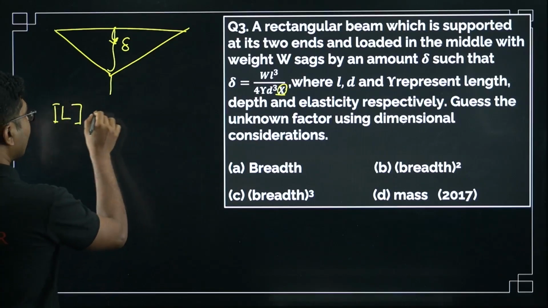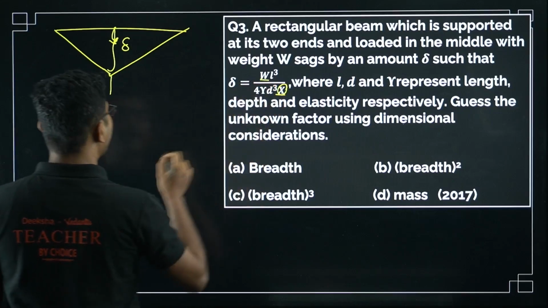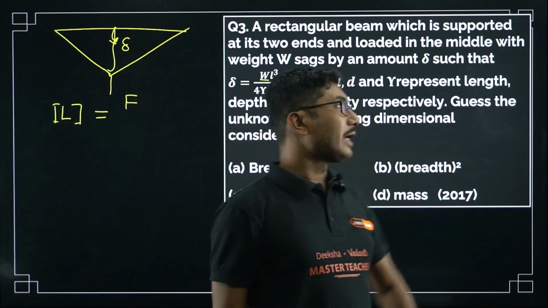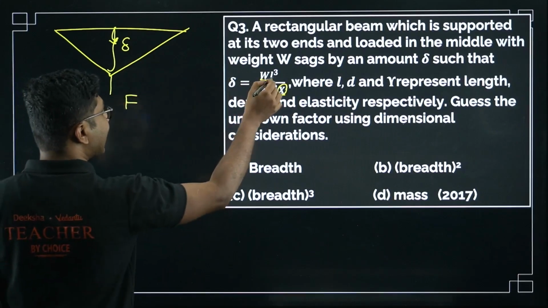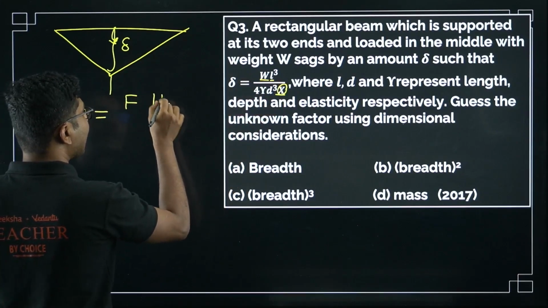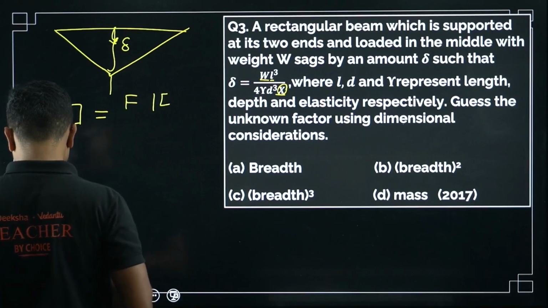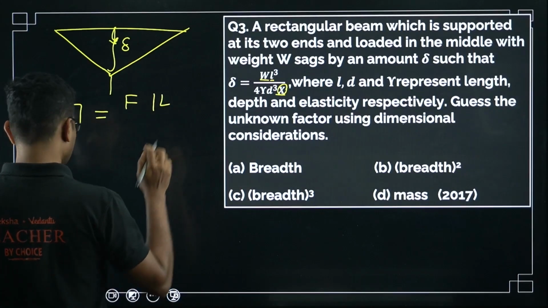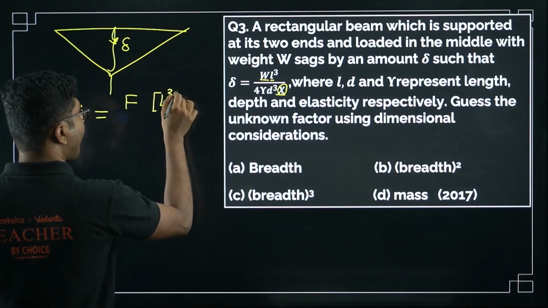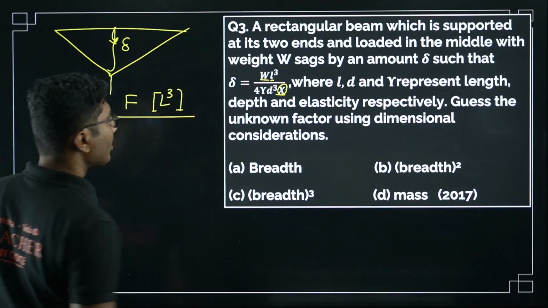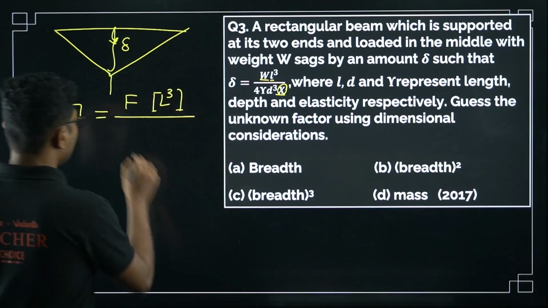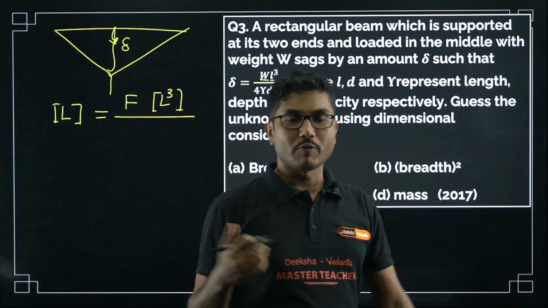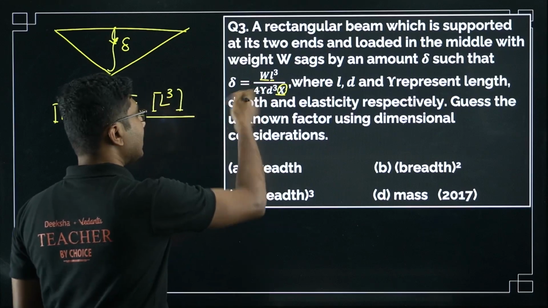Now what is this weight? Weight is a type of force, mg, right? So it is force. What is L cube? L cube is length cubed. Now what is y? 4 is a constant, and when we are doing dimensional analysis, a constant does not play any role, so we can ignore that 4.